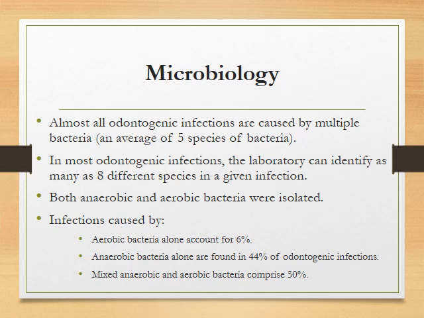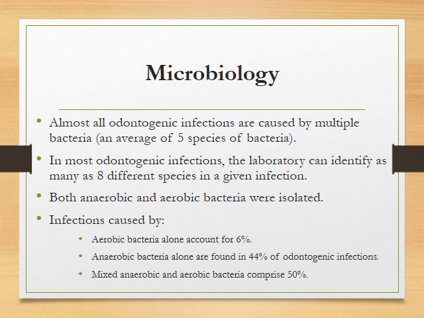Almost all odontogenic infections are caused by multiple bacteria. An average of 5 species of bacteria were isolated, and up to 8 different species were isolated from odontogenic infections. Both anaerobic and aerobic bacteria were isolated from odontogenic infections.